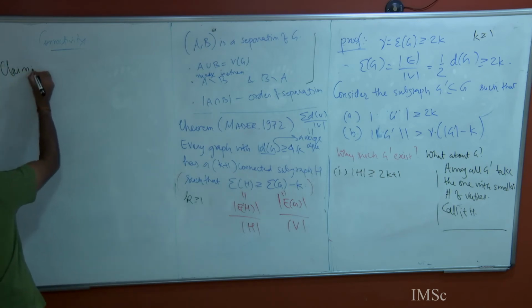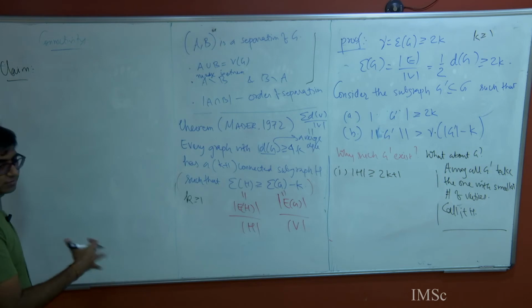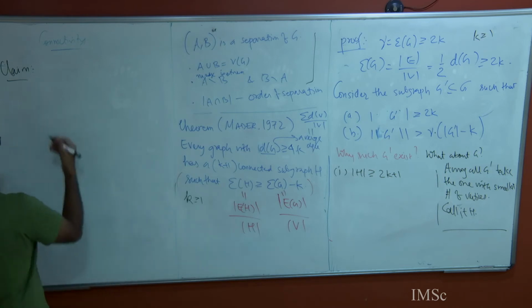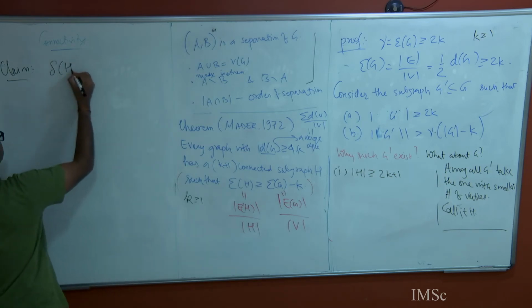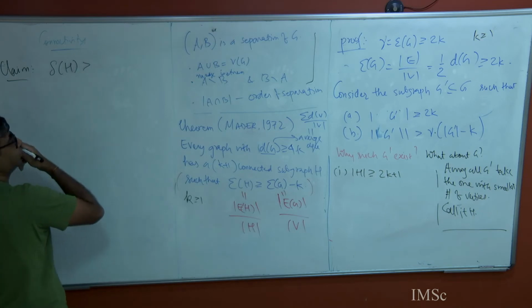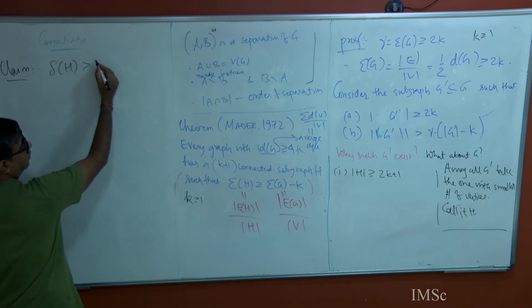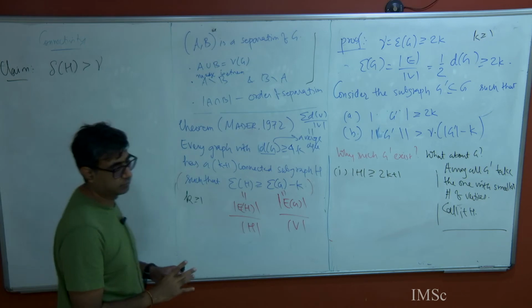What is the minimum degree? What if I claim that the minimum degree of H is greater than or equal to gamma? Is that true?